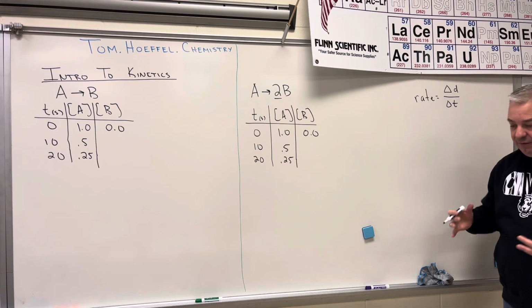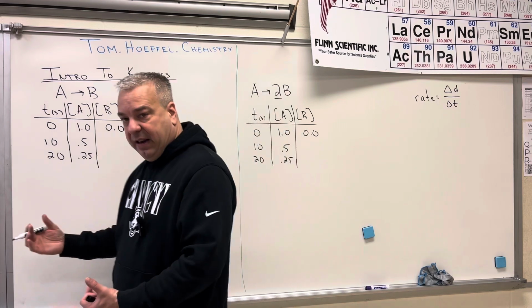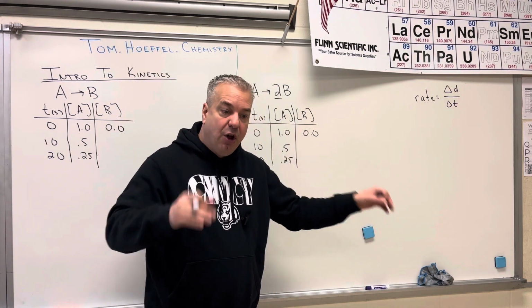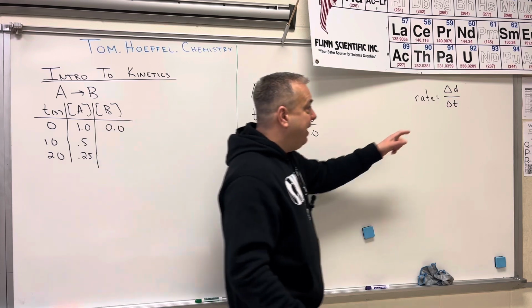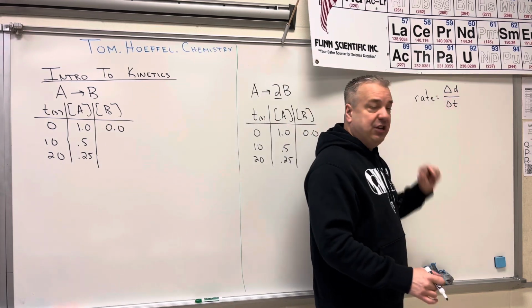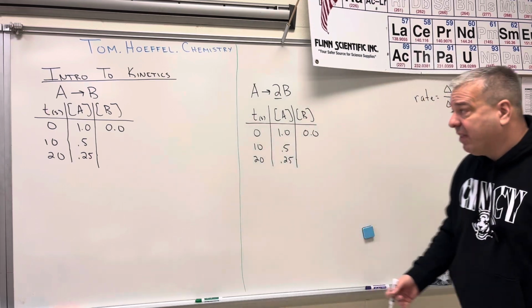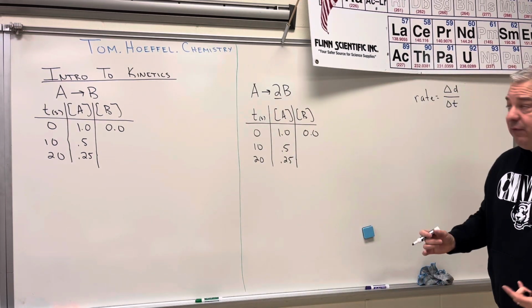We take a position change, we see how much distance they've traveled over a certain amount of time, and if you take the change in distance over the change in time, you will get to know how fast that person's moving. Well, chemical reactions are no different.